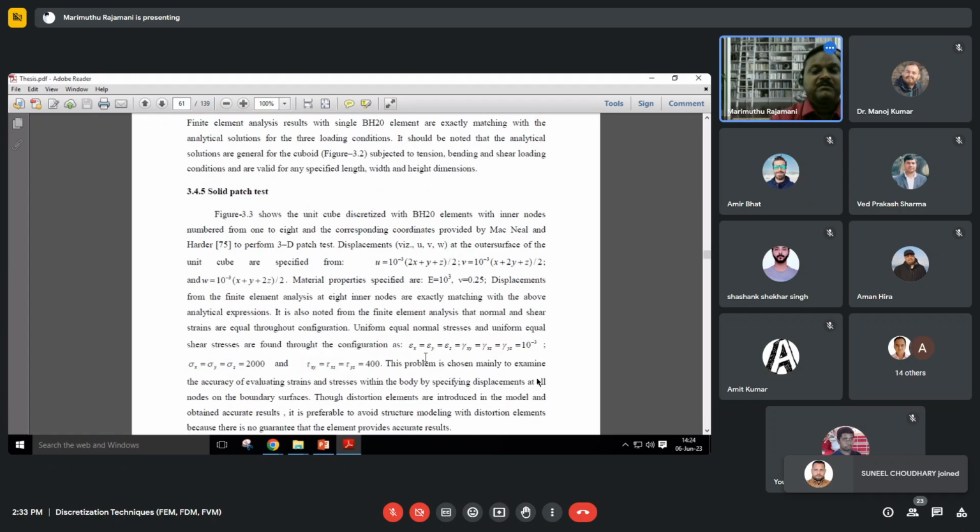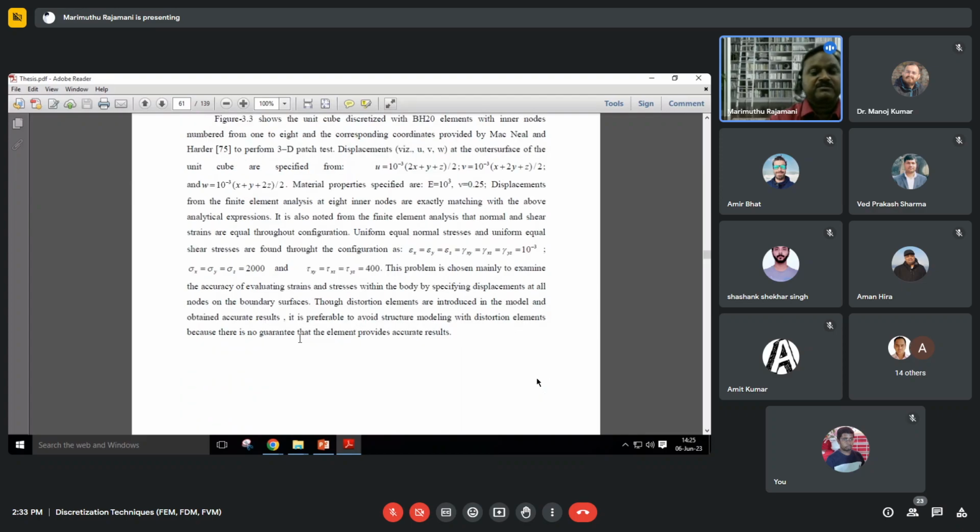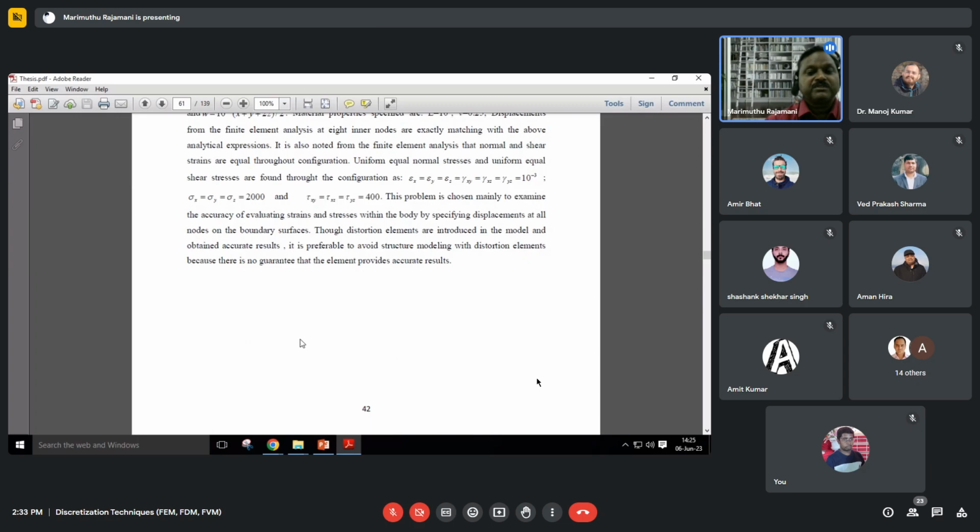And then it was tested with a patch test also. A patch test is one where you take a patch of elements and apply uniform stress so that the uniform stress is predicted throughout the body.